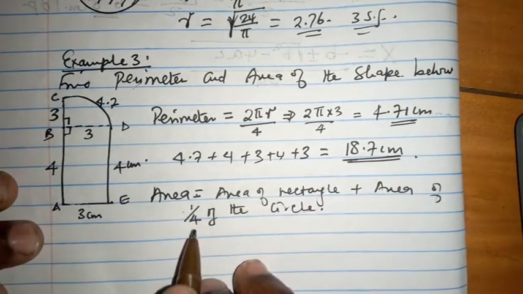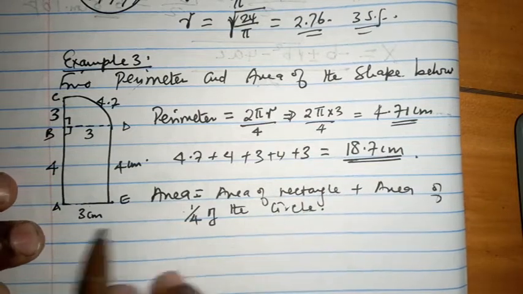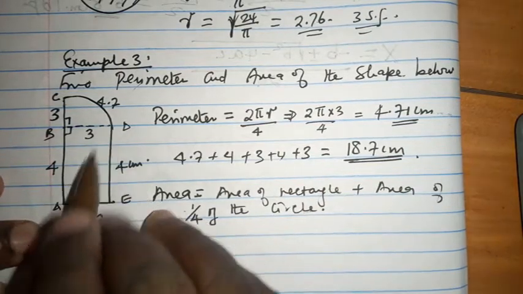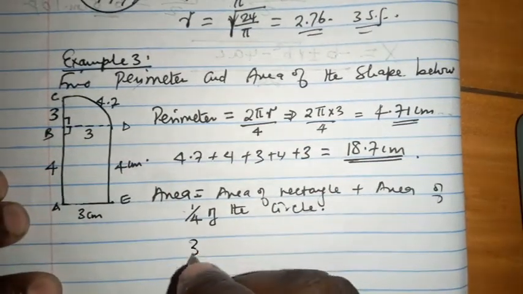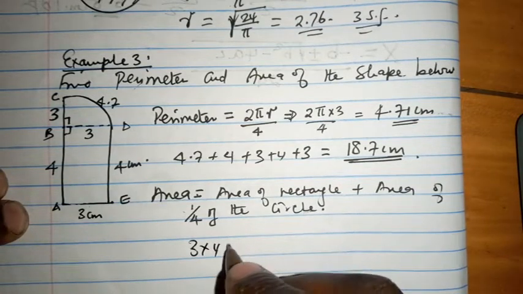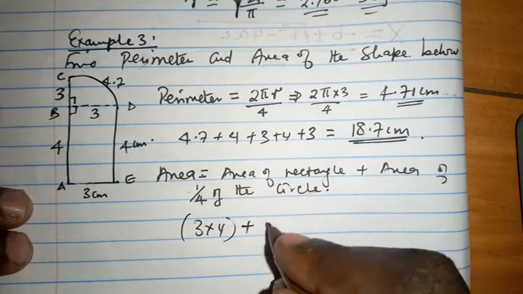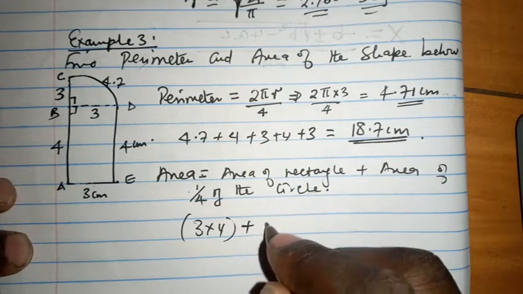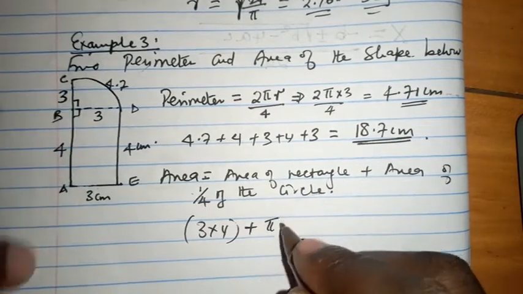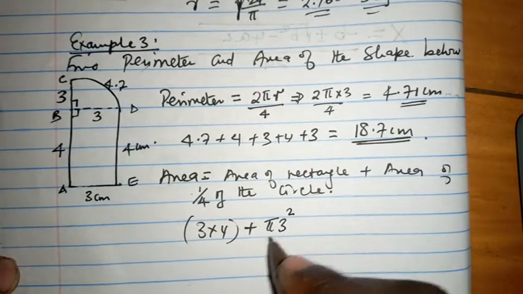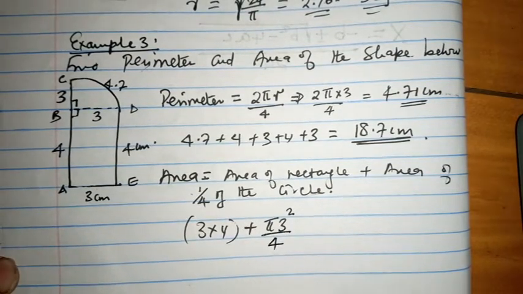Let's start with the area of the rectangle, which is simply 3 times 4, length times width, plus pi r squared over 4, where the radius is 3 squared, divided by 4 because it's a quarter.